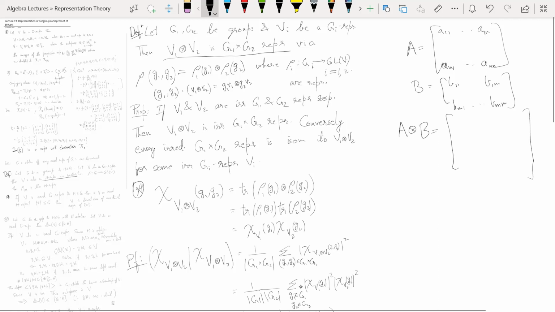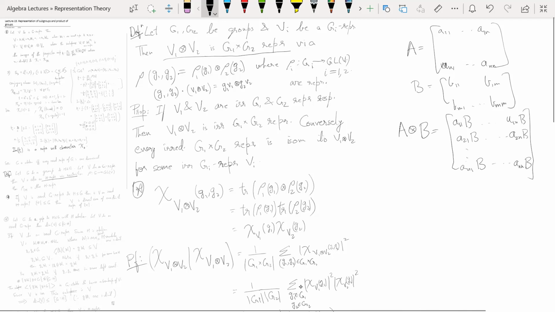I think this is the notation we used; it's either this or the other way. You can write it as these block matrices, with entries A11 B through Ann B. So it's an nm times nm matrix.